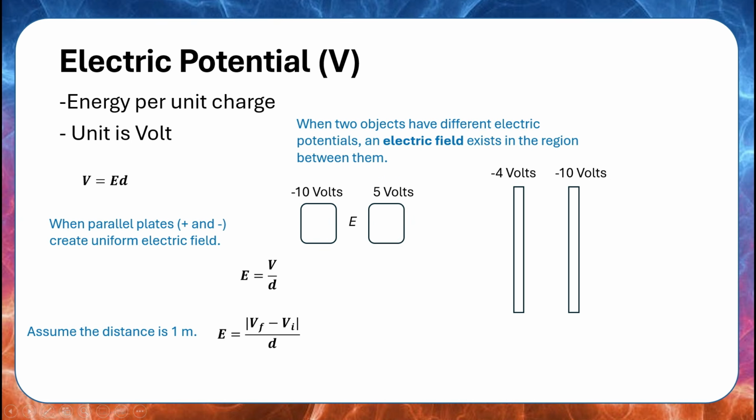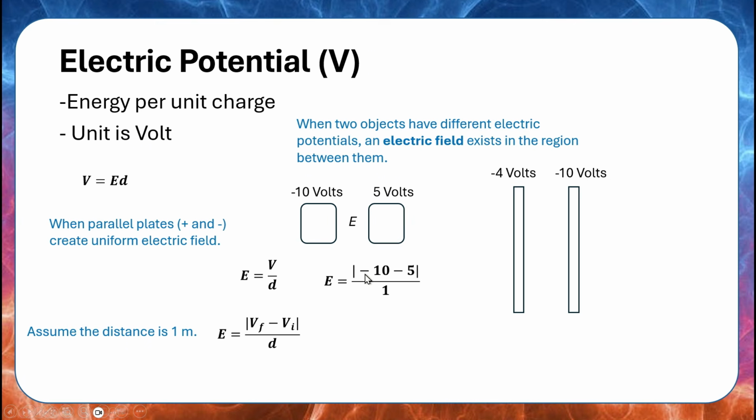So we have our final is -10, and our initial is +5. Again, I choose the left side as my final and the right side as my initial. I'm gonna do the same thing for all other examples. So here, my distance is 1.